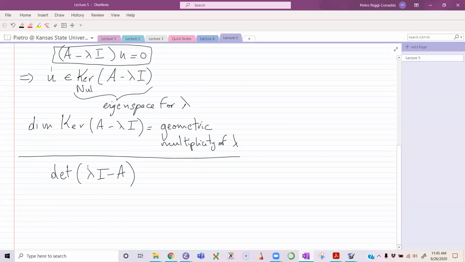Right? So the other way you can check if lambda is an eigenvalue is by taking this determinant, and this actually has a name. It turns out, if you just write it down, it's a polynomial, and it's called the characteristic polynomial.